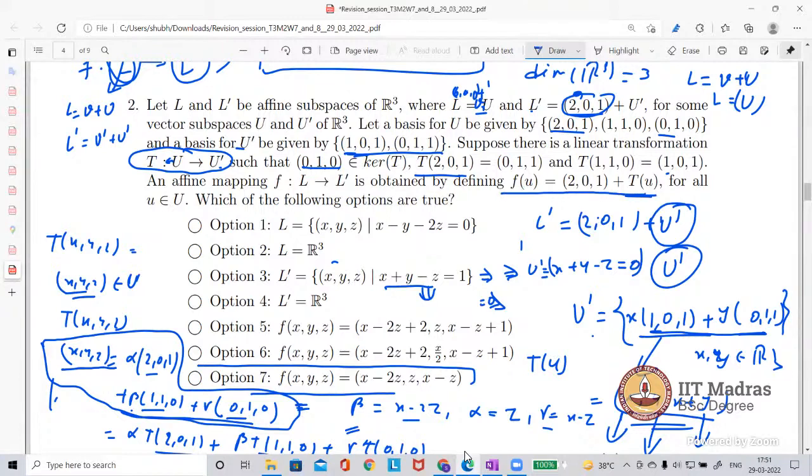For the final thing, just find u and put it in f of u, since you already found t. Now find f of u, which is defined as 2 plus 0, and finally try to find f of u in the given form. Then you can check your option.